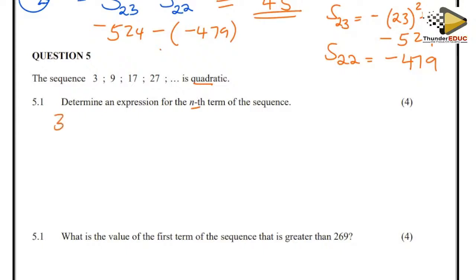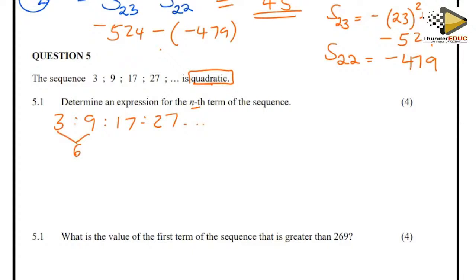So it's a 3, it's a 9, it's a 17, it's a 27, and so on. We say that with a quadratic, we have two differences. So we need to determine those two differences. The difference between 3 and 9 is going to be a 6. Remember, it's T2 minus T1, T3 minus T2.